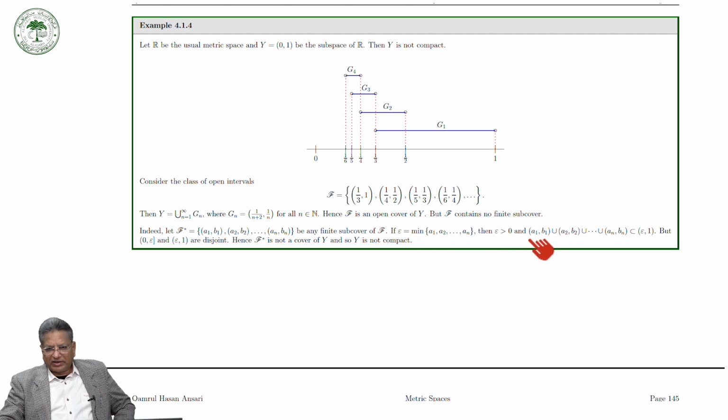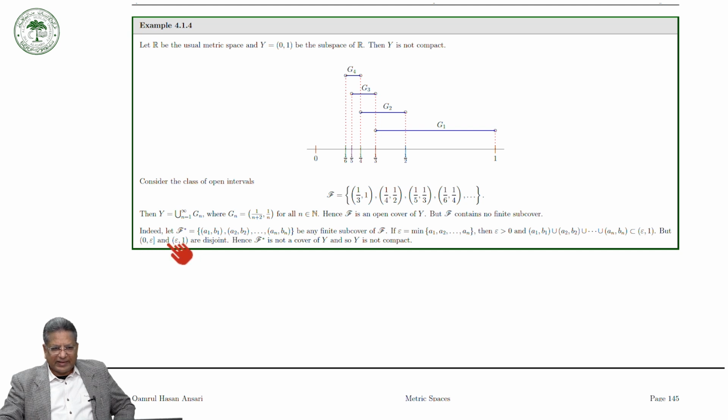And we can take the union of all these intervals, so that the union of all these intervals would be a subset of the open interval (epsilon, 1). But the closed interval [0, epsilon] and the open interval (epsilon, 1) are disjoint.